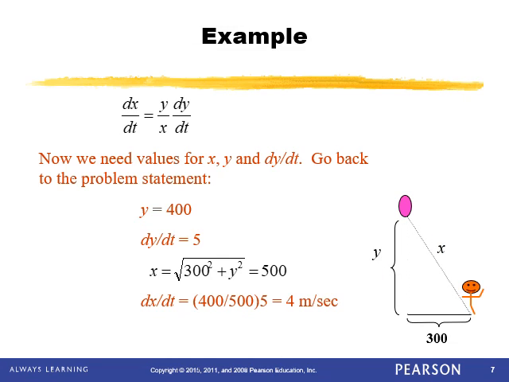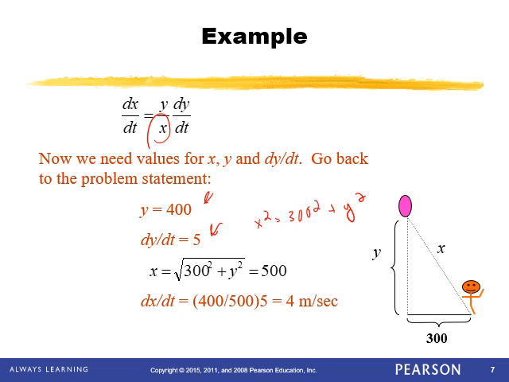So there are a few things that we have to find. We know what y is, and we know what dy/dt is. In order to solve this problem, we needed to find x. So again, we're going to use the Pythagorean theorem, right? The original problem was x squared is equal to 300 squared plus y squared.